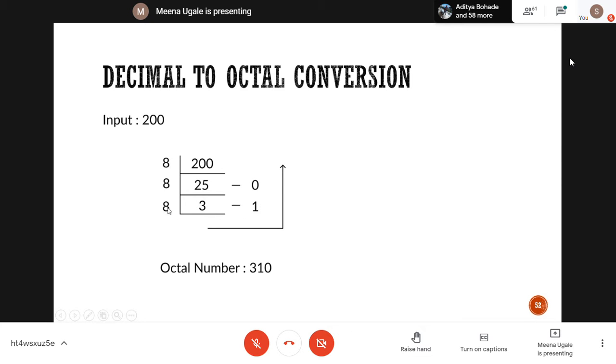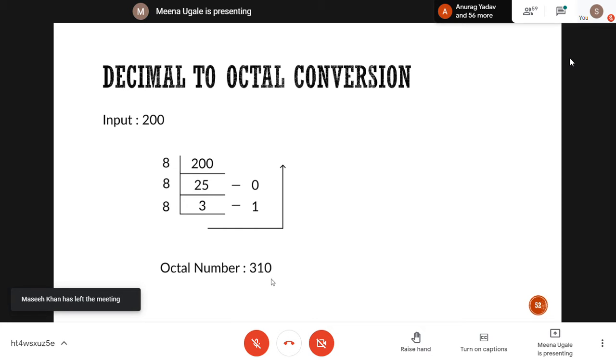Then 3 divided by 8. Quotient will be 0 and remainder will be 3. Read the number from bottom up. So that's why this arrow is shown. So my final answer is 3, 1 and 0. That is, decimal number 200 is equal to 310 in octal.